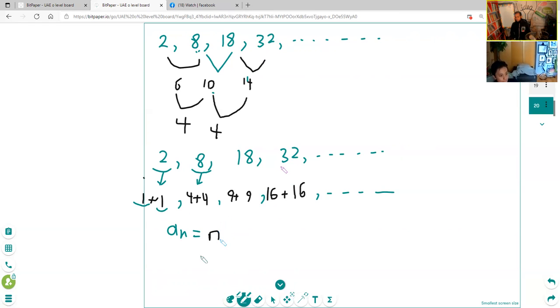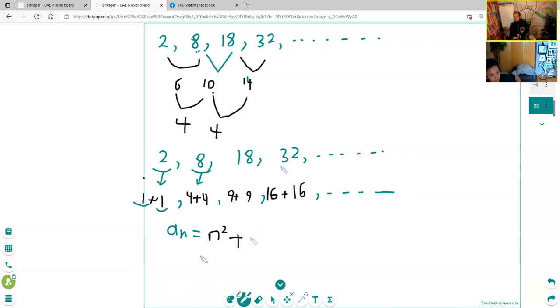We are adding two sequences. n square is the first sequence, and write plus the nth term of the second sequence. It is also a square number: 1, 4, 9, 16. So you should again write n square.